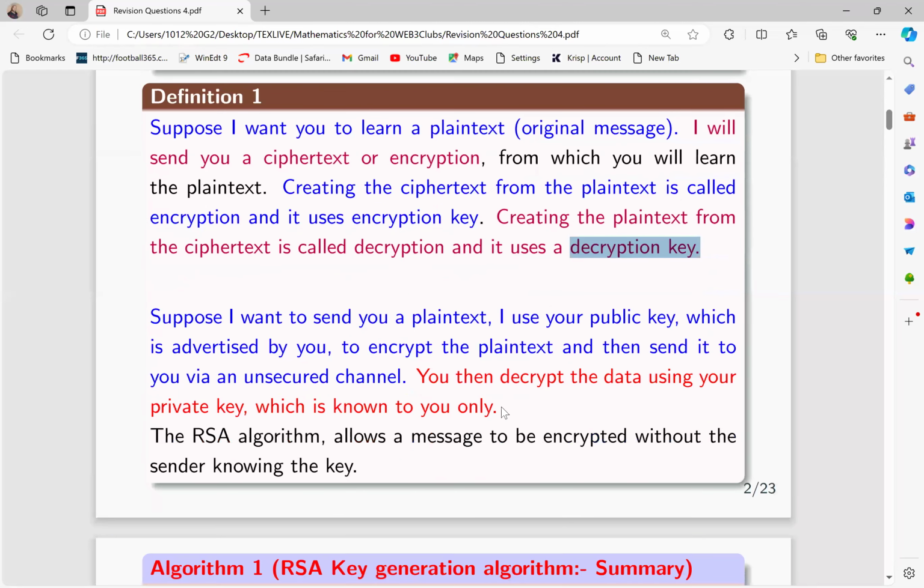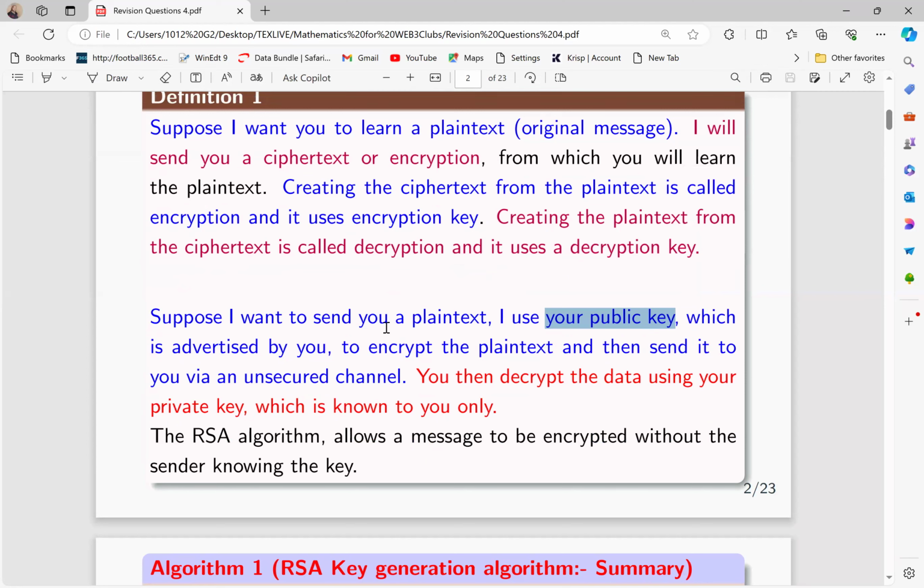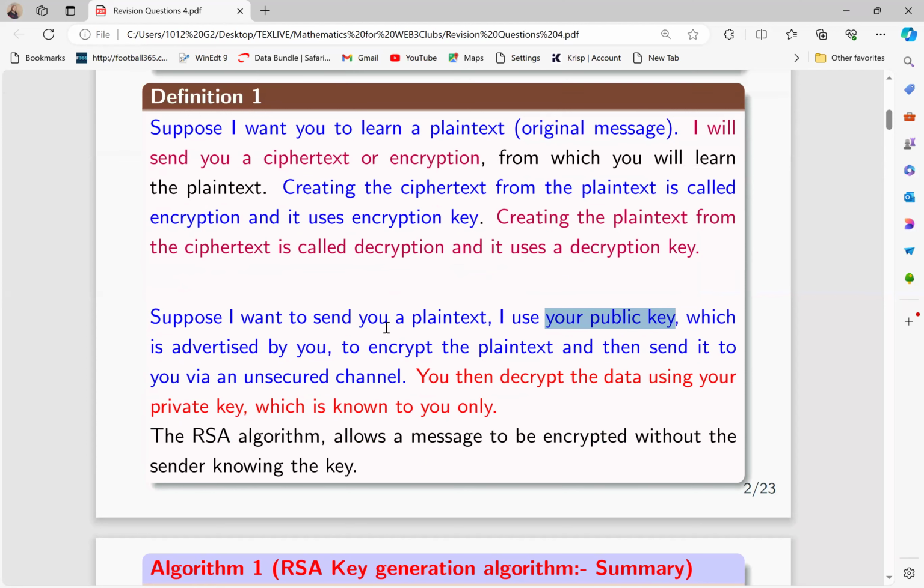Now, we have what we call the public key. So what is the public key? If I want to send a message, the person who is supposed to receive the message, the recipient, comes up with what we call a public key. Then it publishes it. You can publish it over media, any channel.